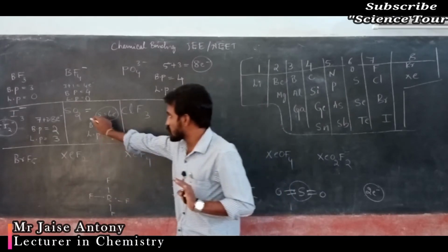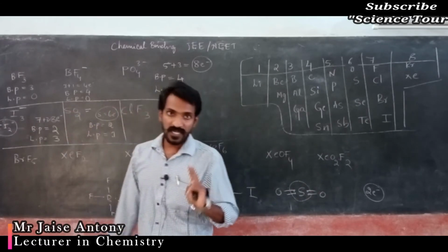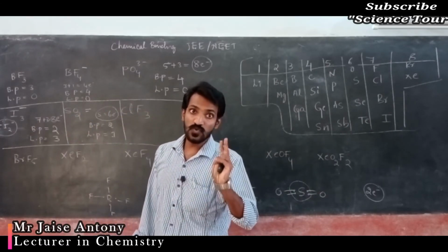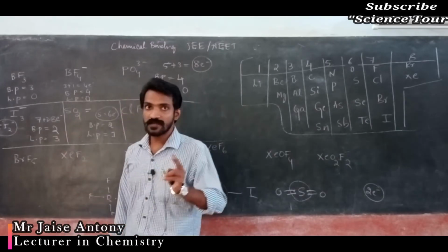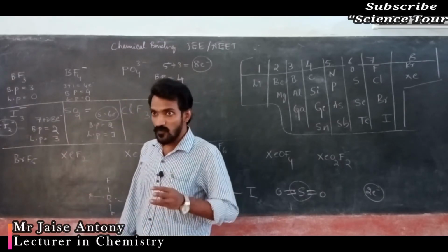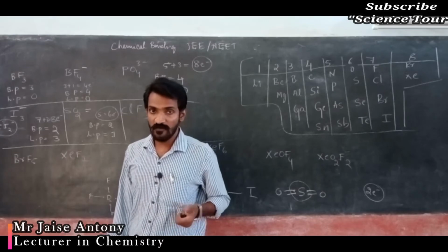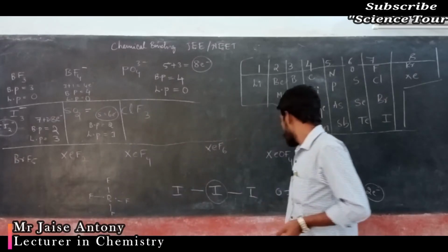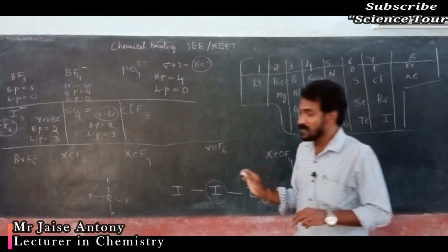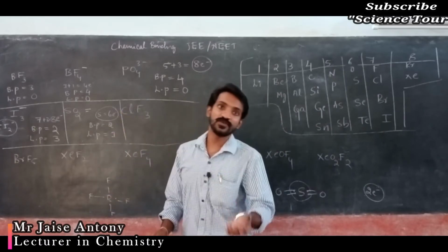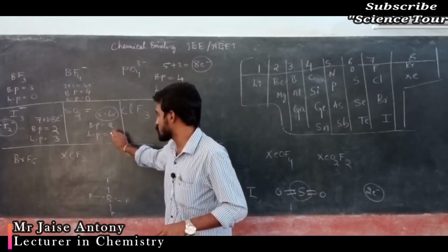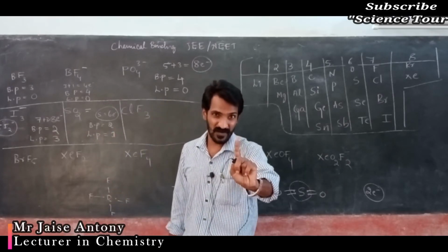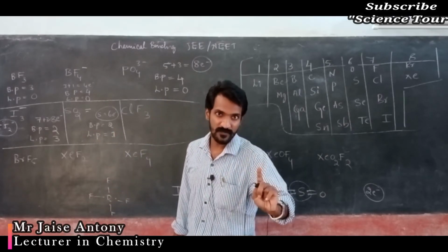It forms bonds with the 2 oxygen atoms. Each oxygen atom requires 2 sulfur electrons. That means 2 oxygen atoms require 4 sulfur electrons for the double bonding. Understood? That means out of 6, 4 are used. Remaining 2 electrons is nothing but one lone pair of electrons.